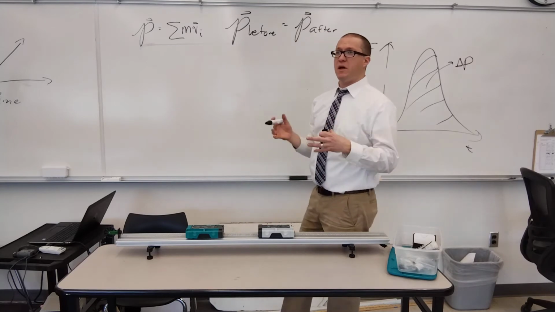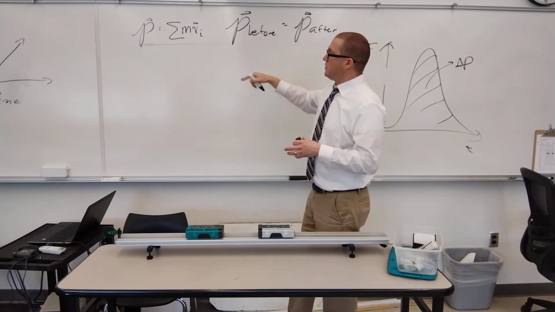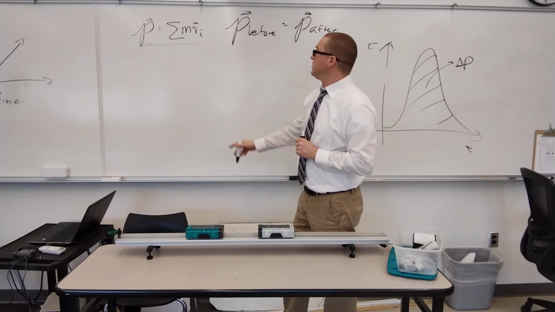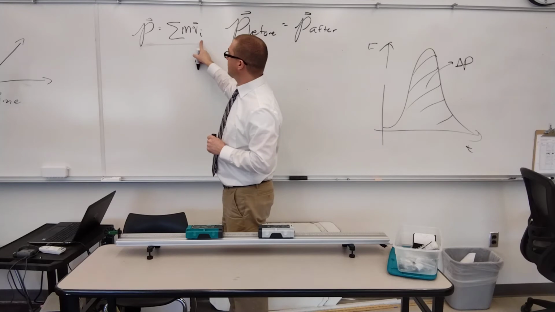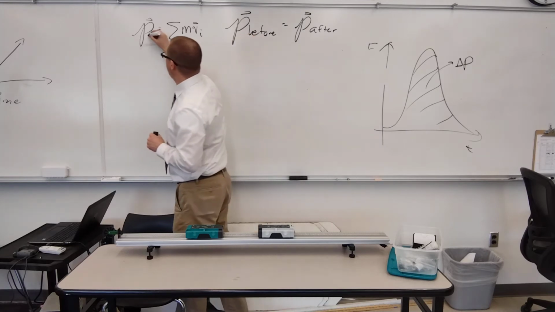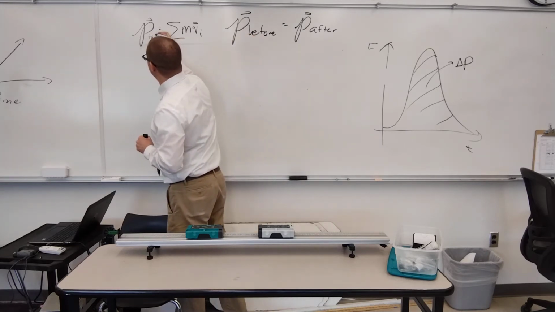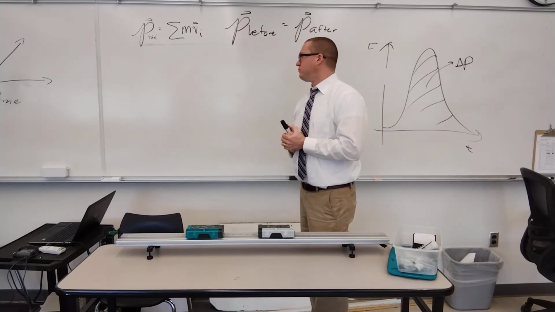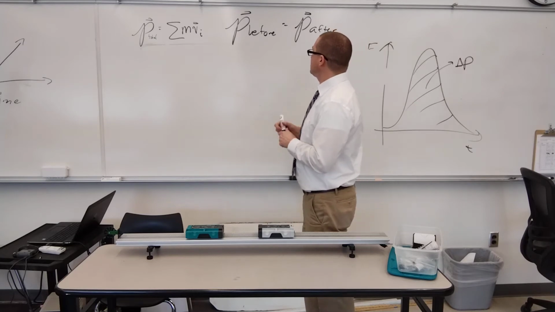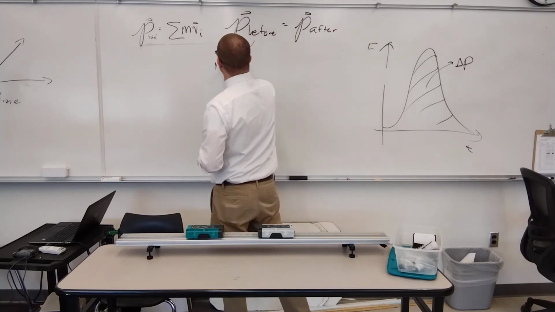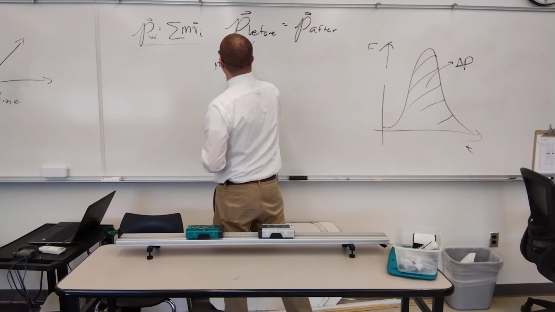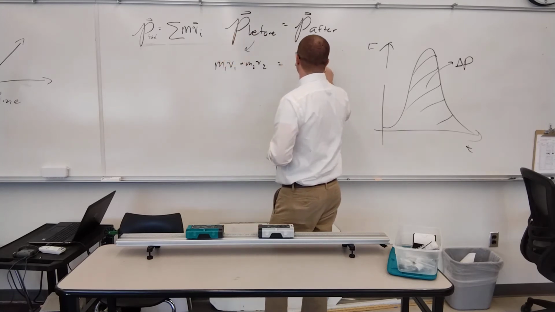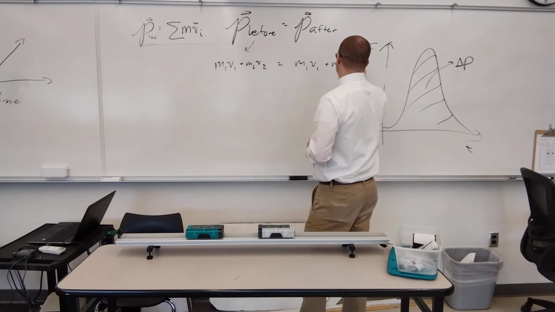The total momentum here is the sum of all the little mass and velocity products. This is a vector quantity. P total, sum all of the momentums. So this often ends up looking like m1v1 plus m2v2 equals m1v1 plus m2v2.